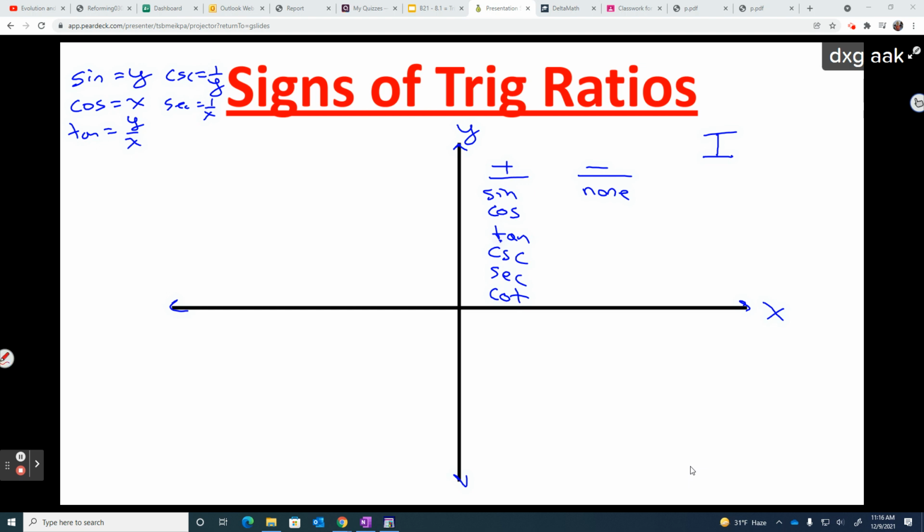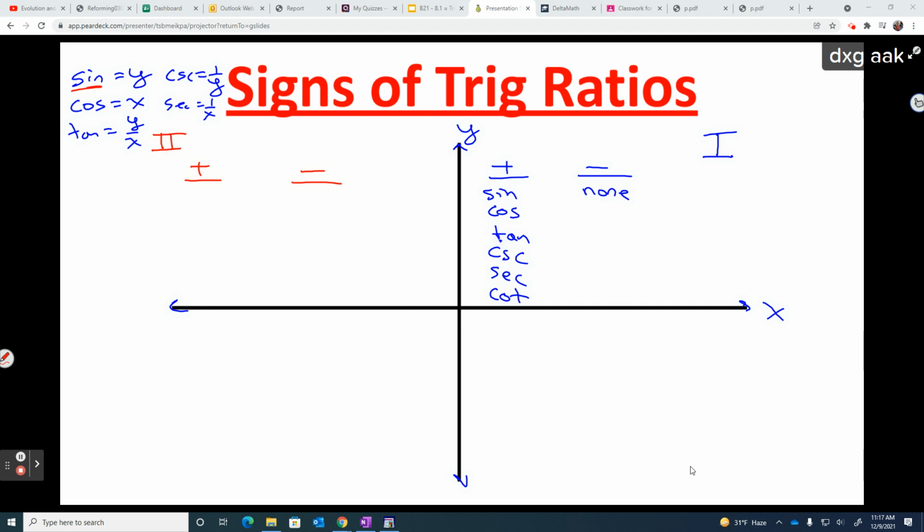Okay, quadrant 2. It's a little bit trickier here. Positive and negative category. So in quadrant 2, we're over here, it's going to be a negative x value, right? And a positive y value. So sine, start with that one. Sine, is that positive or negative in this quadrant?